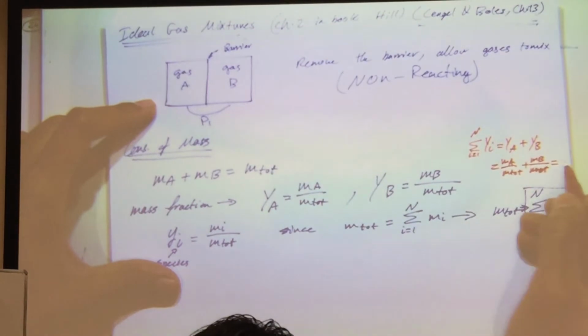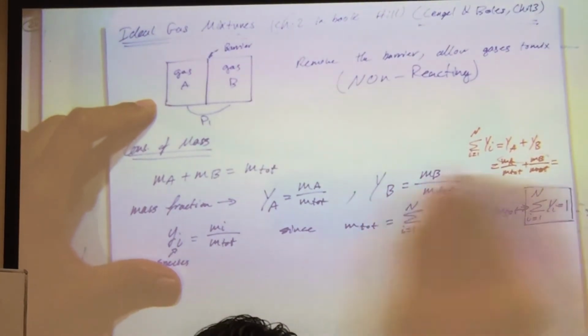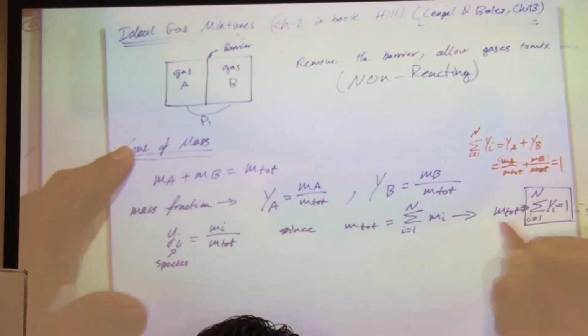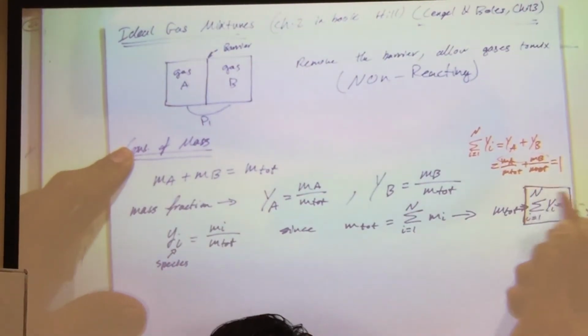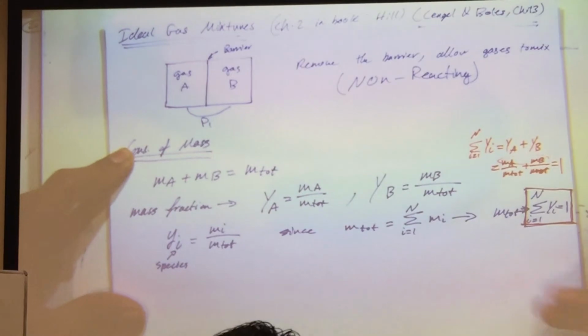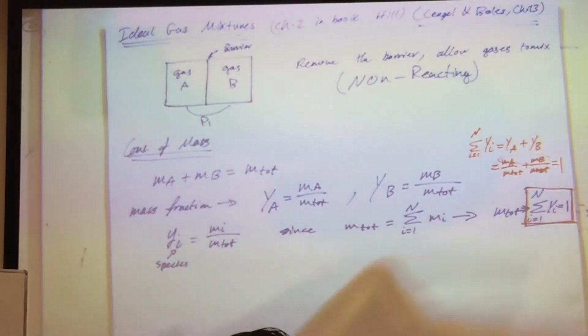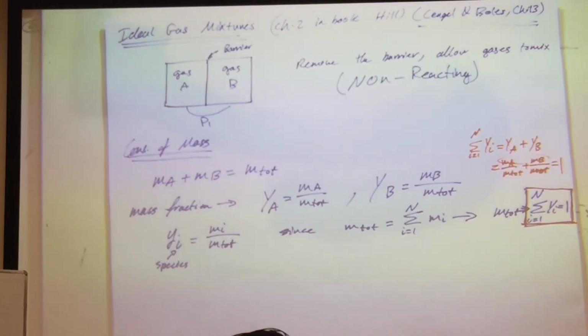This is a common denominator, so these sum together, it's equal to M total. What am I going to get? It's just 1. So based on the definition of M total, the sum of all mass fractions is equal to 1. It has to equal 1. Okay, so that's mass fractions.